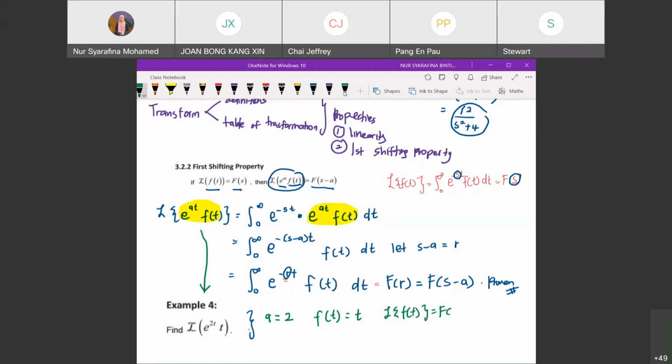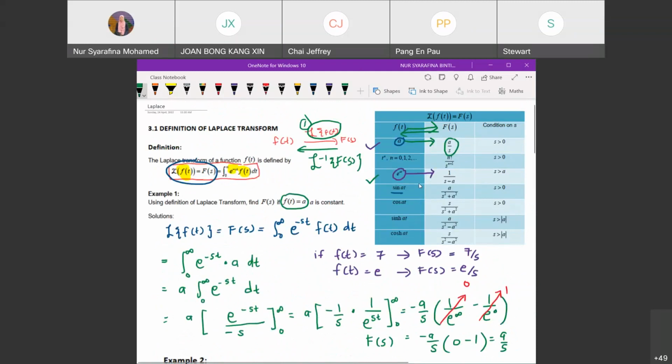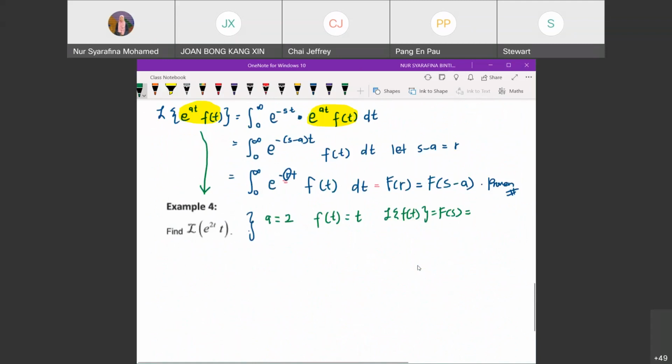So what is F(s) here? If your f(t) equals to t, then your F(s) is what? Look at the table of transformation. When your function is t, where is t? So this one, t to the power of n, where n is 1, right? Then the transformation is n factorial over s to the power of n plus 1.